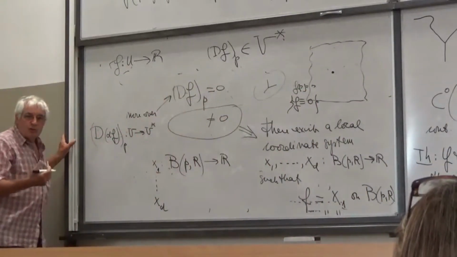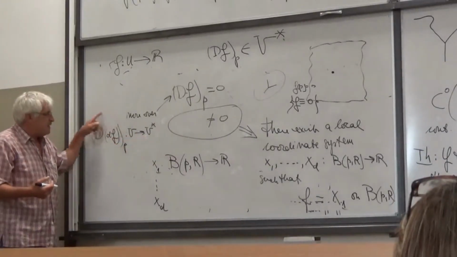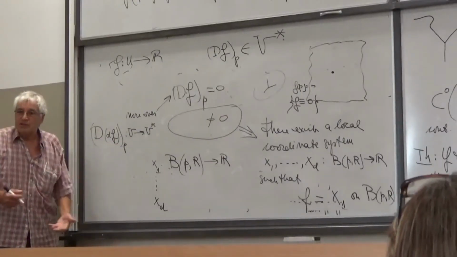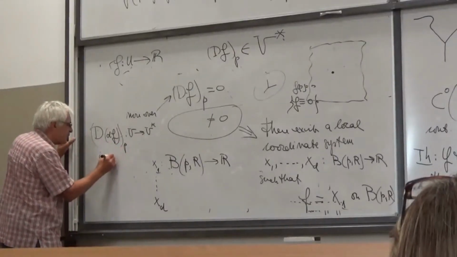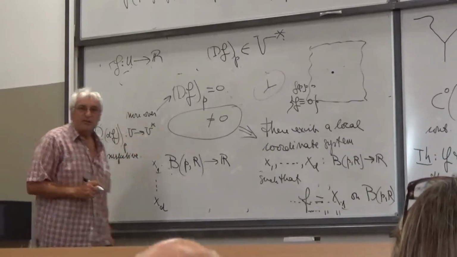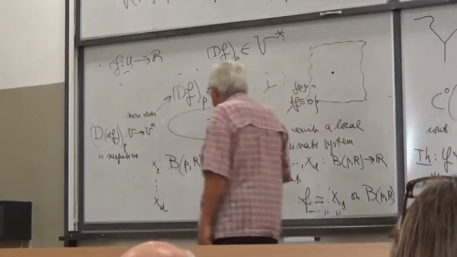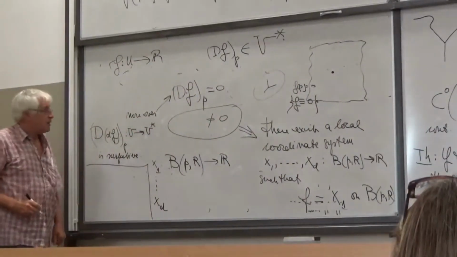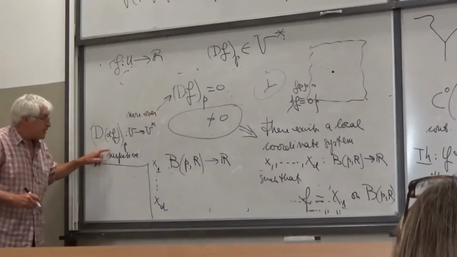If you choose the basis here, and you get for free the basis there, then this linear map has a matrix, and I could say the determinant of this matrix is non-zero. But I prefer to say this map is surjective. So we have differential zero, and this map is surjective.